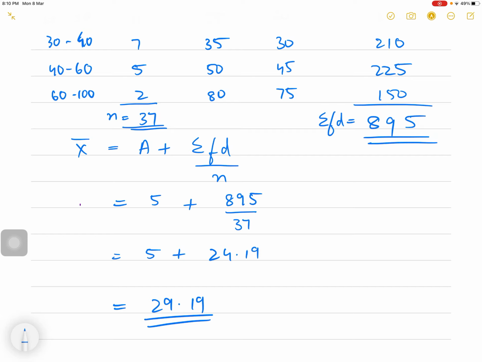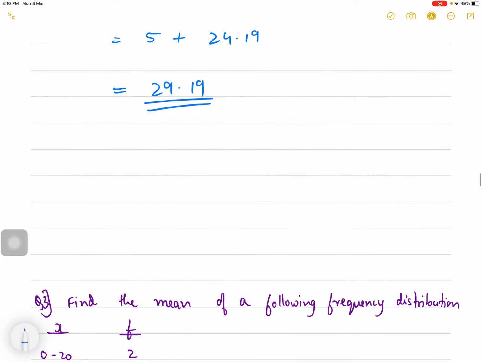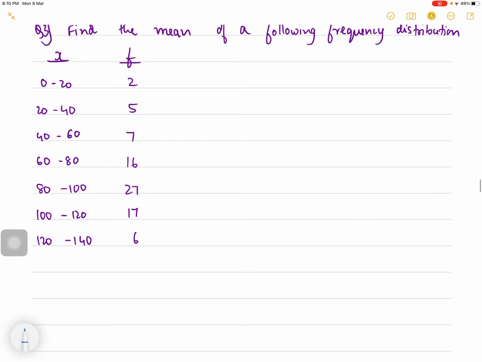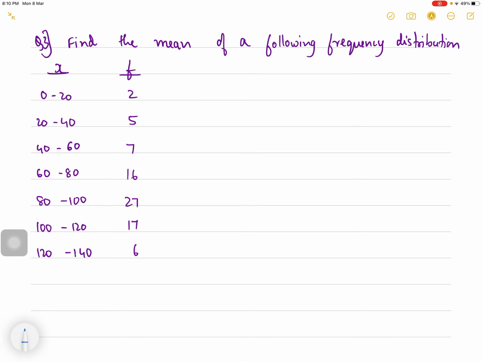You can use any method. In the shortcut method and direct method the calculation is easy. In the step deviation method the calculation is simplest, very simple. But then you have to remember all the formulas.